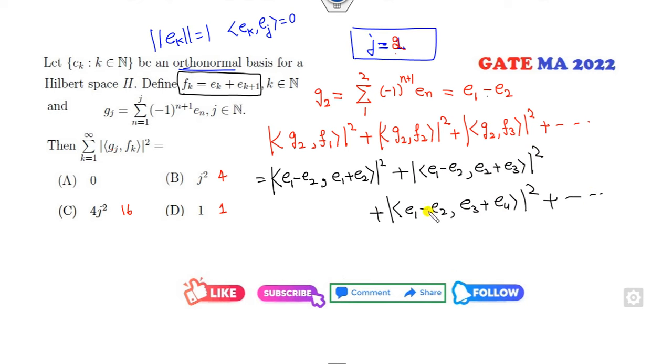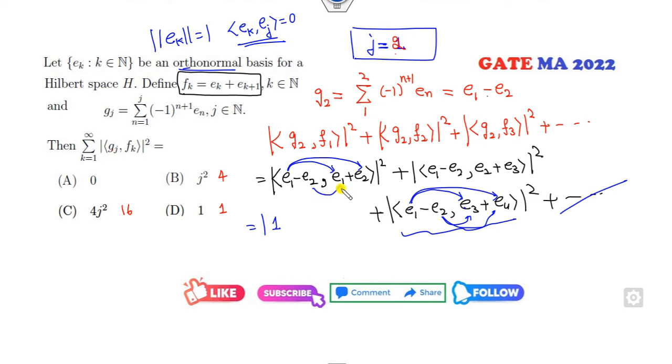So if I look at this one, the inner product is 0 because of this property. e1 e4 is 0, e2 e3 is 0. So this component is 0. Similarly, the rest of the components are 0. This value will be e1. The norm of e1 is 1. e1 e2 is 0. This is 0.